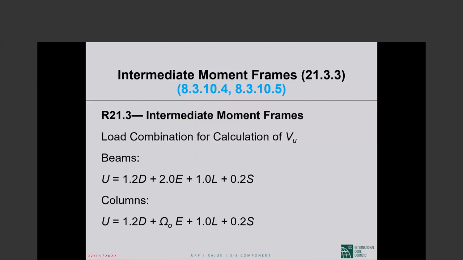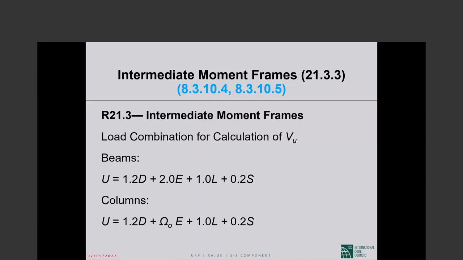Anyway, E is the earthquake-induced shear as obtained from analysis of the structure under code-prescribed seismic forces. If our analysis says 100 kips of shear develop at a section, we design for 200 kips plus whatever shear is caused by gravity loads.